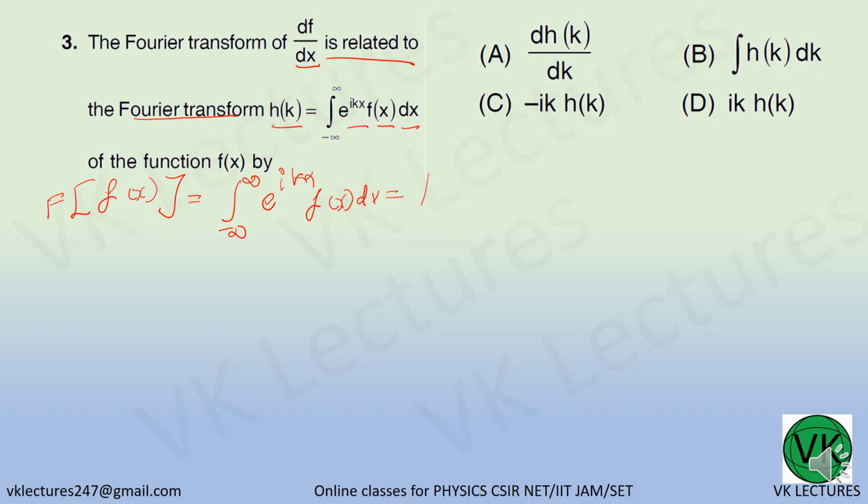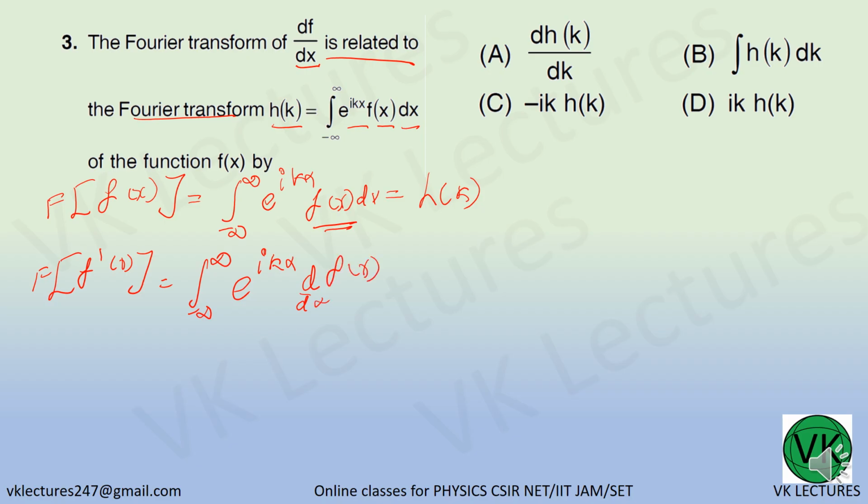That's equal to h of k. Now we want to find the Fourier transform of the first derivative of f of x. The Fourier transform of f dash of x equals the integral from minus infinity to plus infinity e power ikx into d by dx of f of x dx. This is what we have to find.